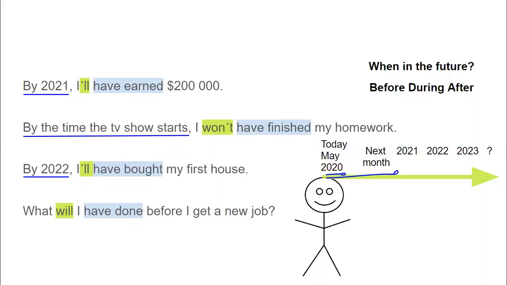When in the future is the action taking place, before, during, or after? So here we know sometime before 2022 he will buy a house, but we don't know exactly when.